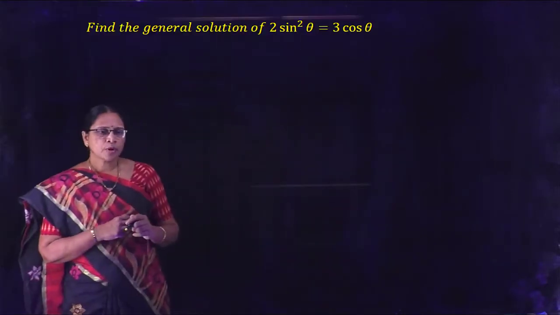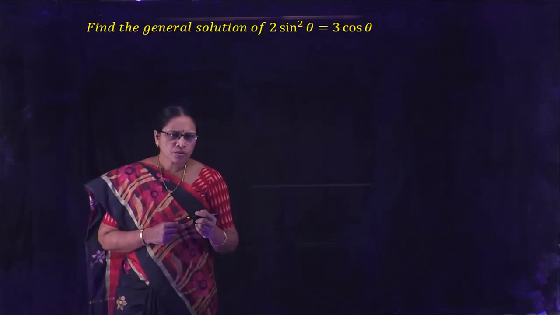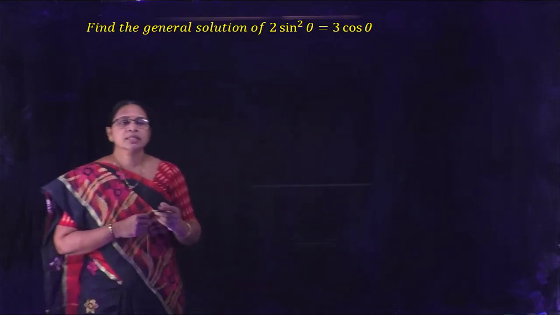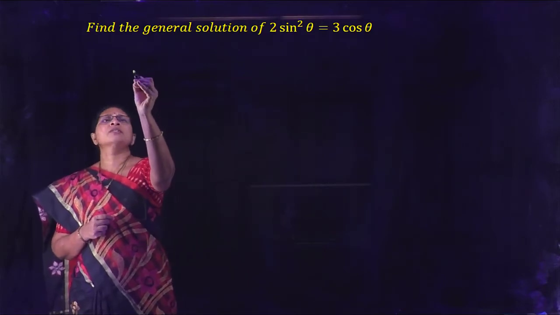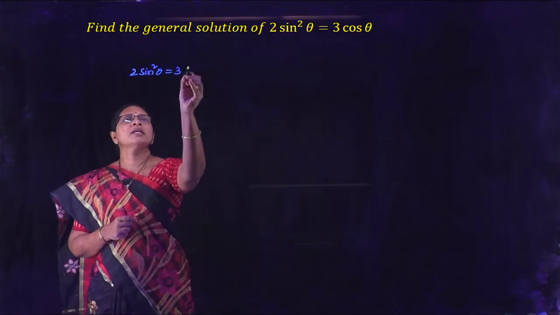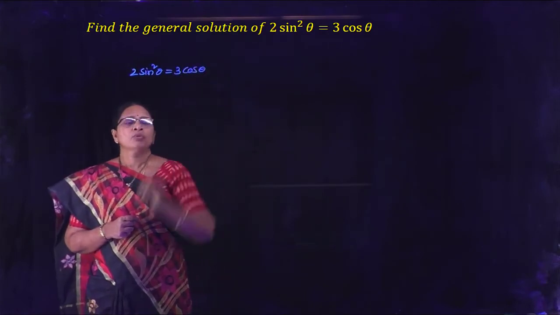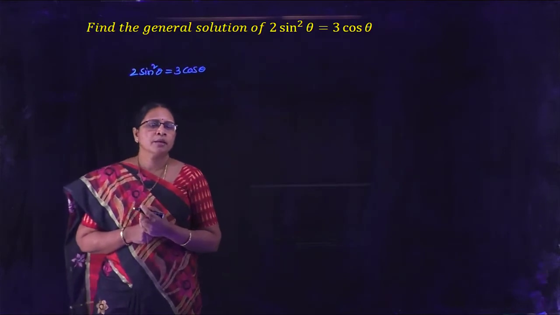See the next problem. Find the general solution of 2 sin square theta equal to 3 cos theta. Here the given equation is 2 sin square theta is equal to 3 cos theta. We convert the given equation into a single variable.